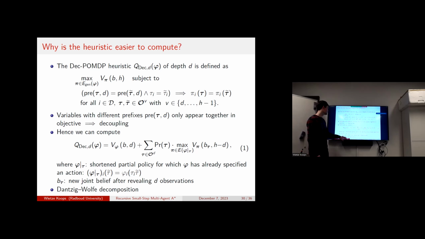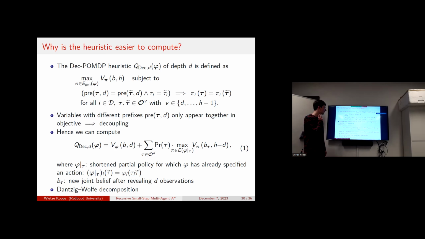It means that we only look at the observations that happen after this tau, which is of length D. That gives us the actions that we have beyond stage D. Okay, then here, we of course also reduce the horizon to H minus D because we cut off the observations.